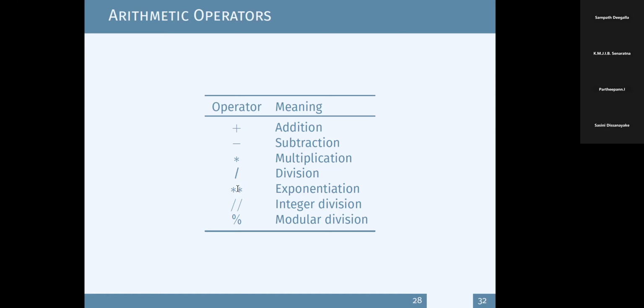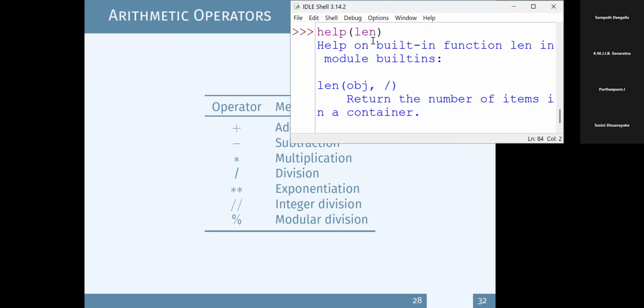Then we have two forward slashes, which indicate integer division, right? Or we can say floor value. The proper word for this one should be floor value. I'll make that correction here. And then we use the modular division.